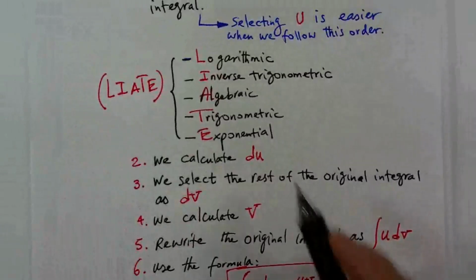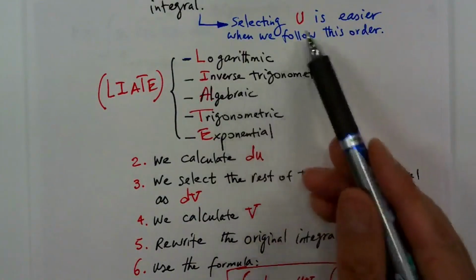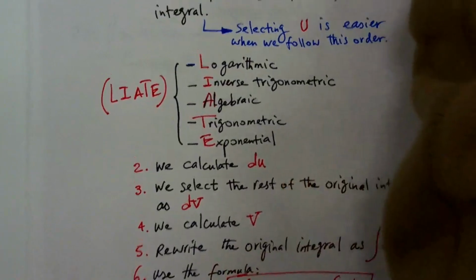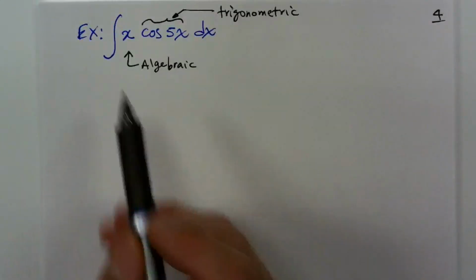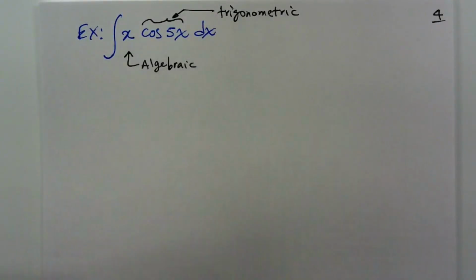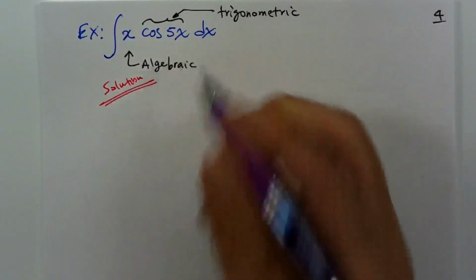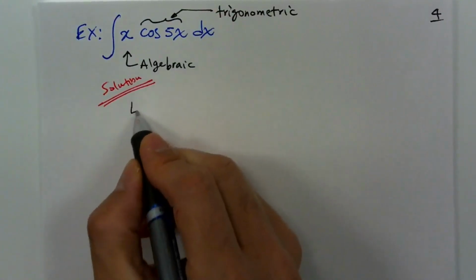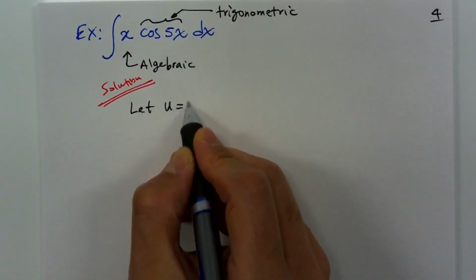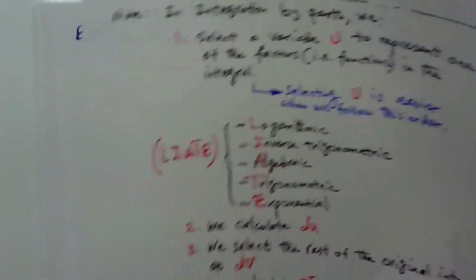On this list, it says that an algebraic function has a higher order of selection as u than trigonometric functions. So that means we're going to pick x as our u. Okay, so let u be equal to x.